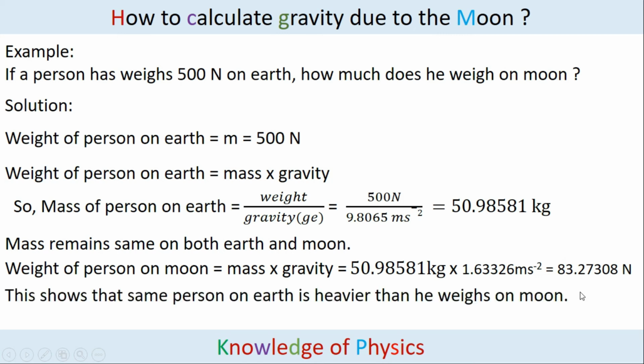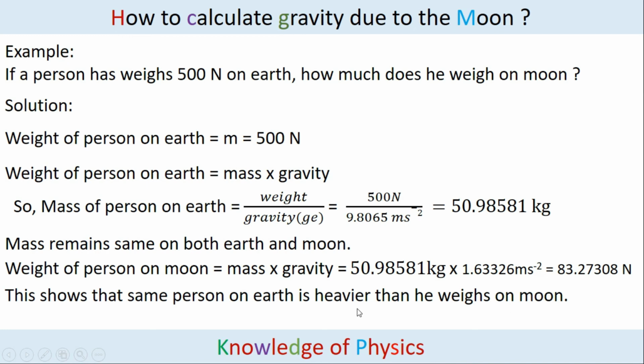This shows that the same person is heavier on earth than on the moon. Since the gravity of earth is 6 times greater than that of the moon, a person of the same mass weighs heavier on earth than on the moon. This is because the gravity of earth is greater than that of the moon.